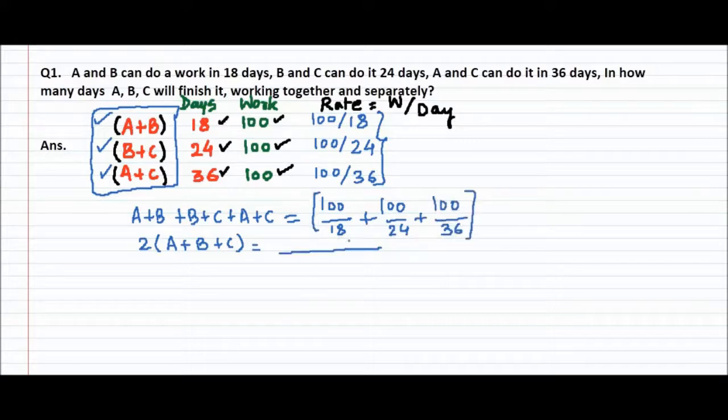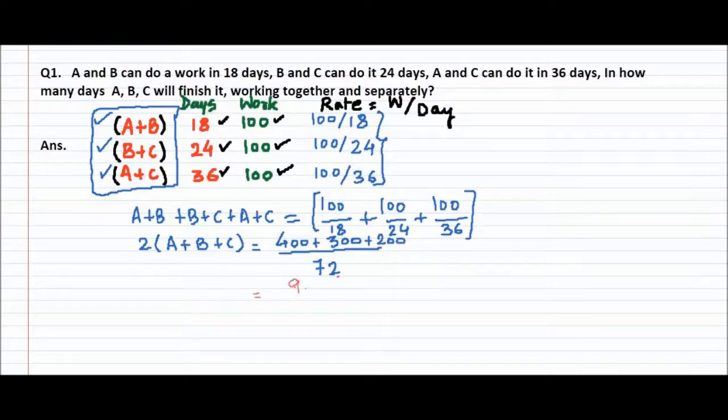If you take LCM of these three numbers, you will find 72. Okay, and here you have 400. Here you will get 300 and 200.